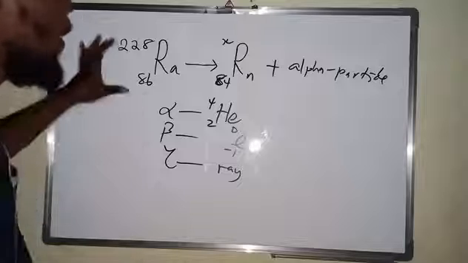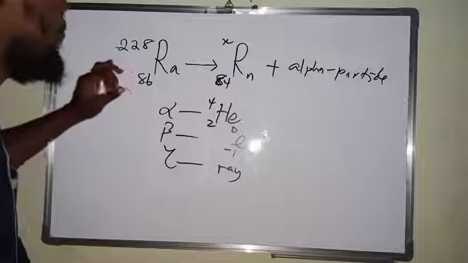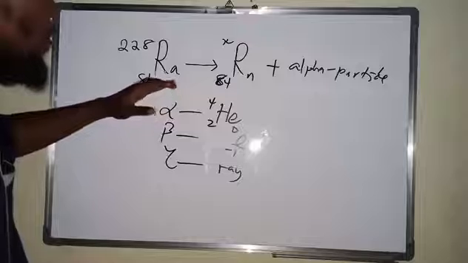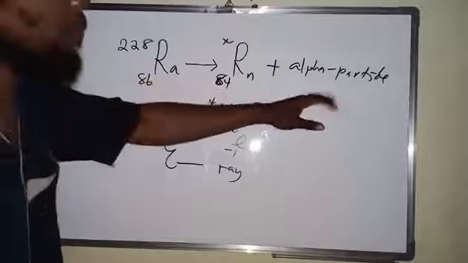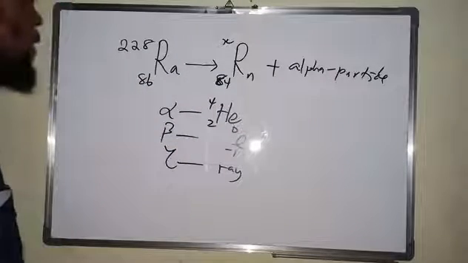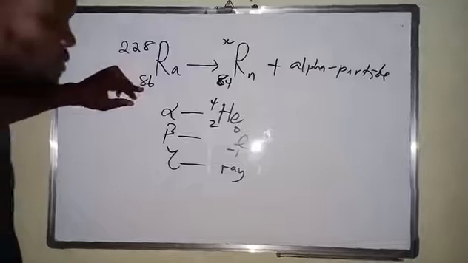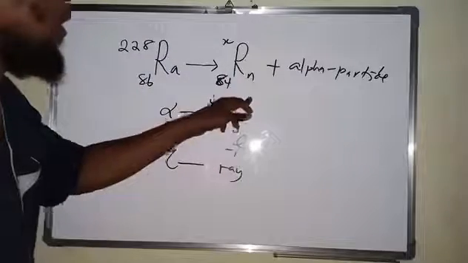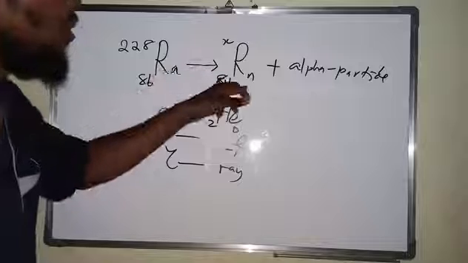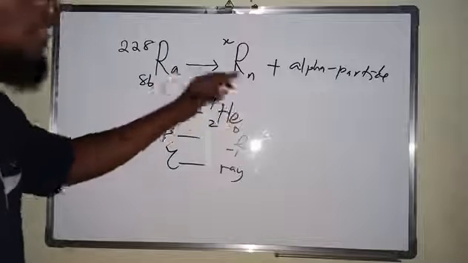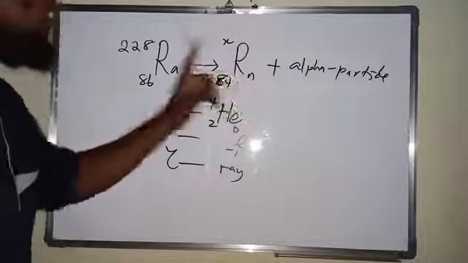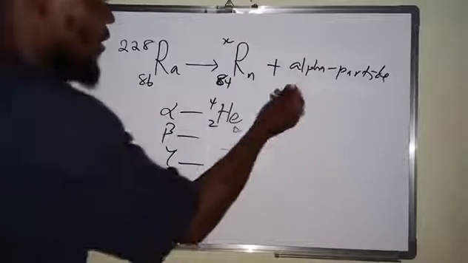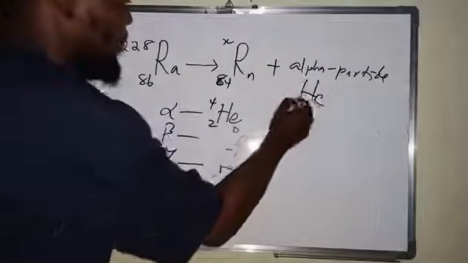So in writing the equation, if a nucleus undergoes an alpha decay, then the resulting element, which we call the daughter, while this is the parent nucleus, will have an atomic number 2 less than the parent, because an alpha particle is a helium particle.